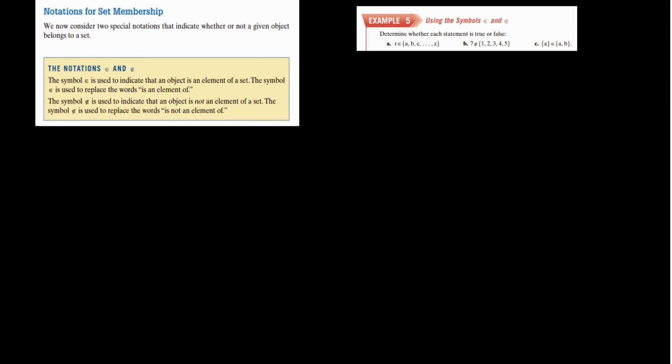When you write this weird looking E on your paper, I usually just make a C and then put a little line through it. And for this one, not an element, I write my little C with the line and then put a line through it like that.